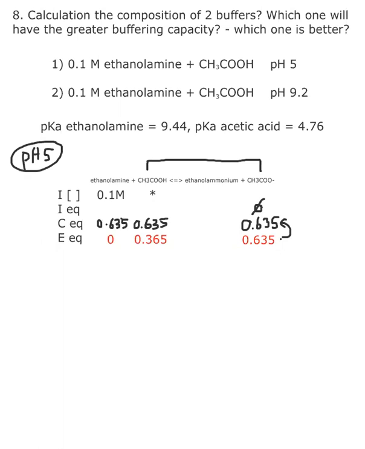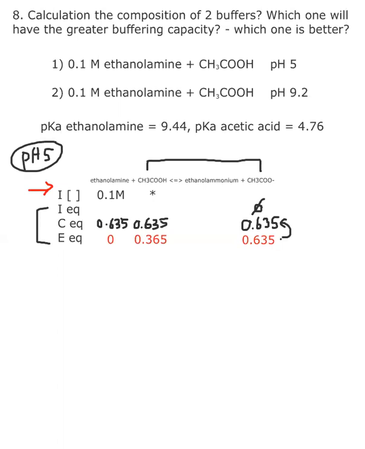So the three lines over here, I put equivalence because every value in these three lines would be the equivalence, not the concentration, not the mole. The only line where I put the concentration is the first line here, when we will use it for the final calculations.